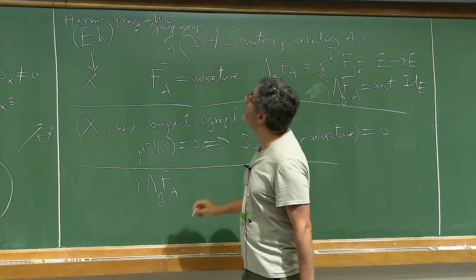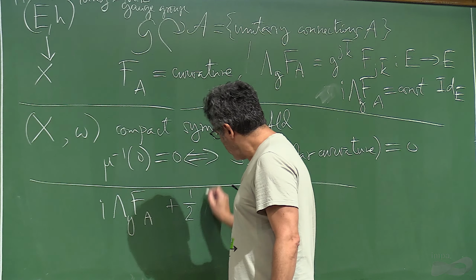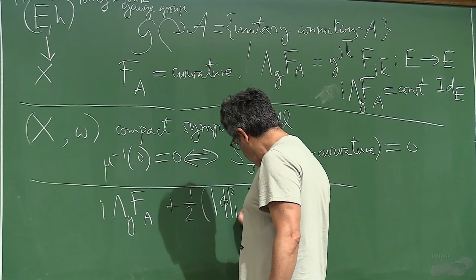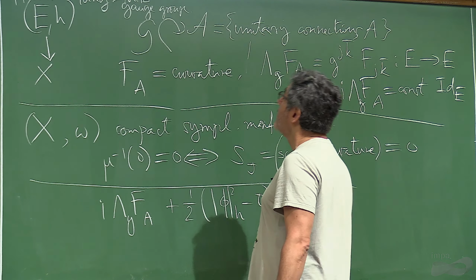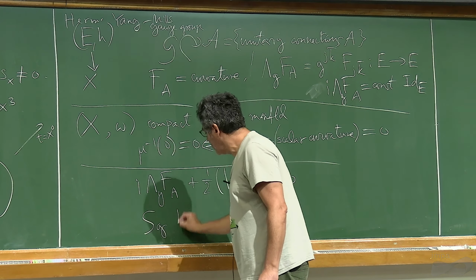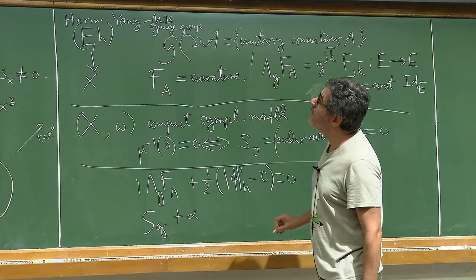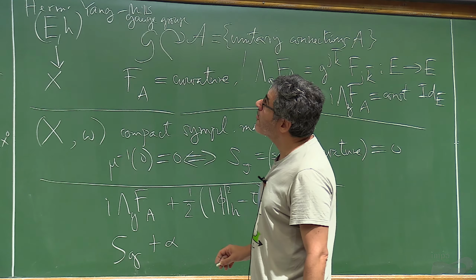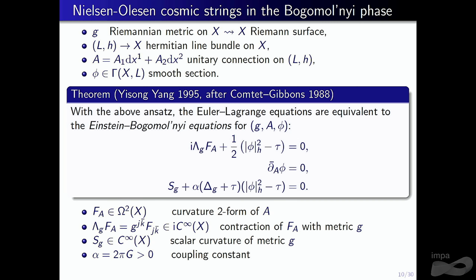On the surface, as before, F is the curvature, S_g is the scalar curvature, and now we have a new parameter alpha, which is just the gravitational constant up to some factor, the universal gravitational constant.